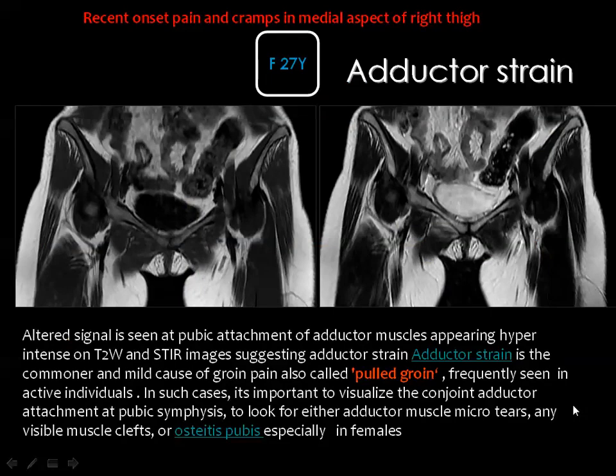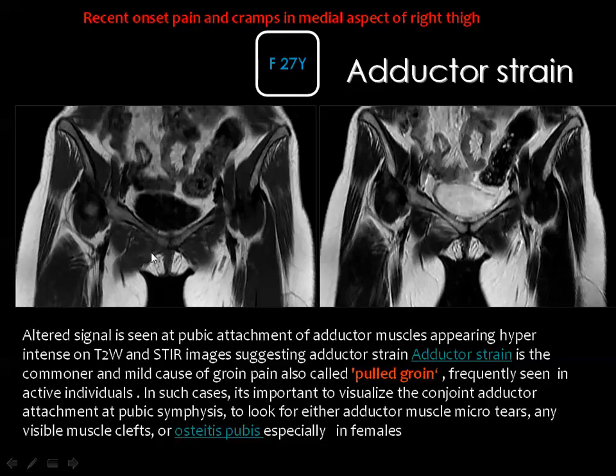Then if you look here, you can see that the adductor muscle on the right side is of a relatively bright signal. You remember this is the adductor brevis, and actually in the T1 weighted image you cannot see significant changes because edema is black in the T1 and the muscle is also dark.